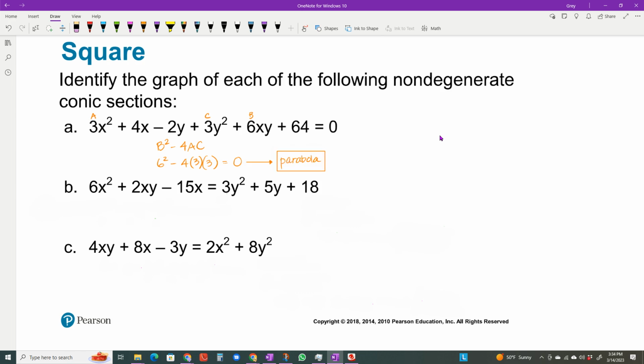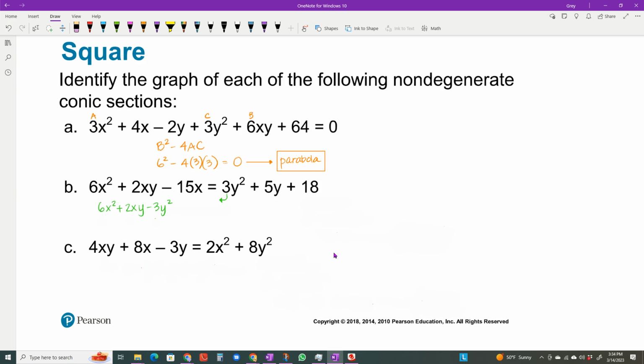All right, look at b. And hopefully you notice there's no 0 in B. So that means I have to get everything to one side. And it doesn't really matter, but I'm just going to choose the side where x squared is positive. It doesn't matter, y'all. You will get the right answer. You just got to make sure they're on the same side. So I'm going to move my 3y squared over, and that's going to give me 6x squared plus 2xy minus 3y squared.